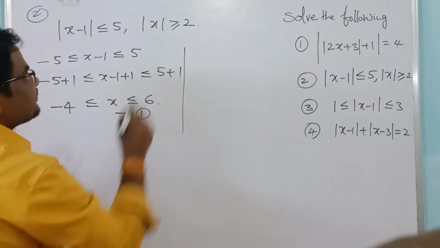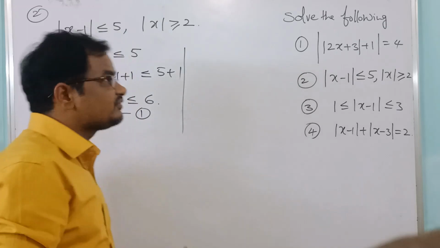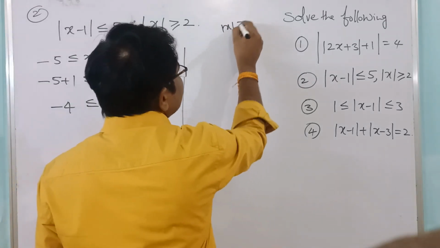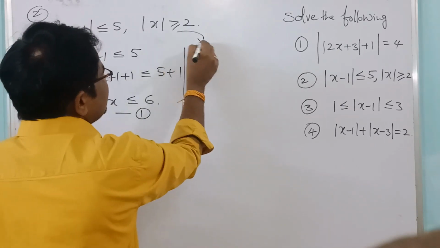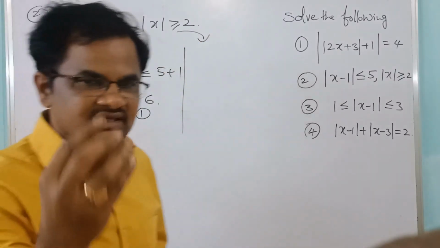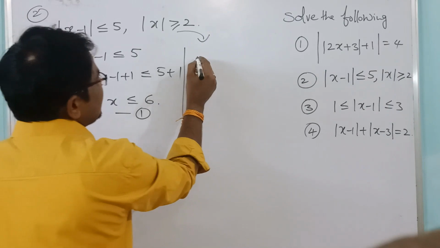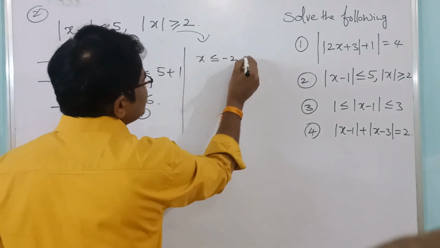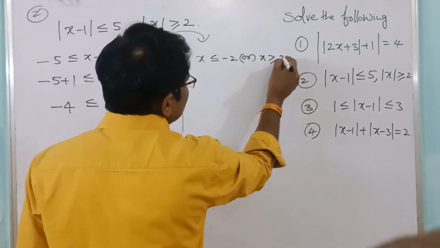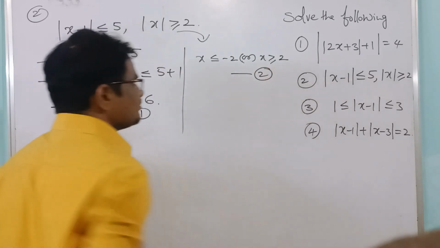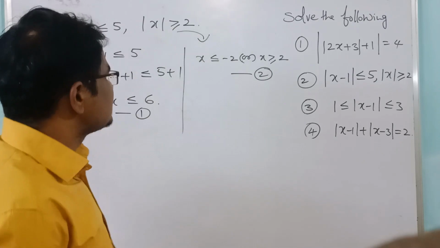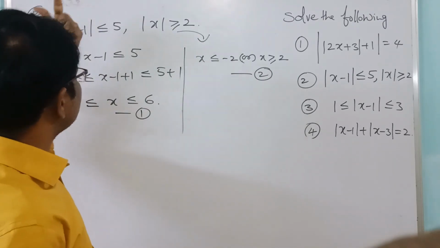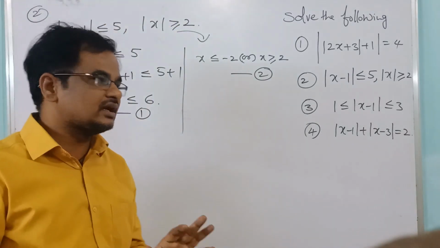Next, here it is in the form of mod x greater than or equal to a. So if any inequality is in the form of mod x greater than or equal to a, that can be written as x less than or equal to minus a or x greater than or equal to plus a, here x less than or equal to minus 2 or x greater than or equal to plus 2. Take this as equation number 2. If you take solutions of these two, that solution satisfies the first inequality and the second inequality simultaneously.